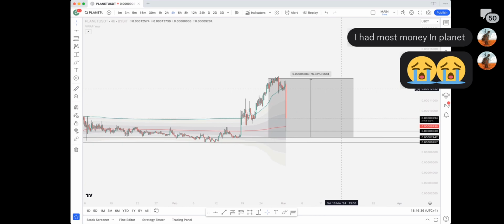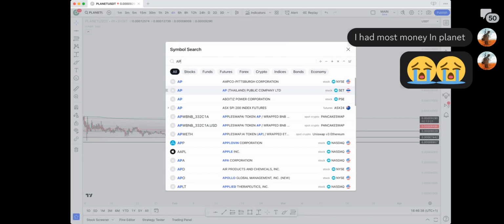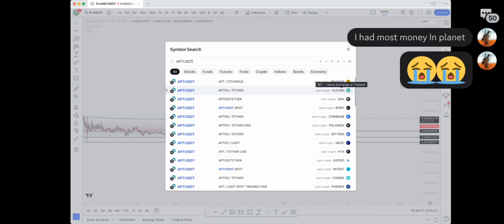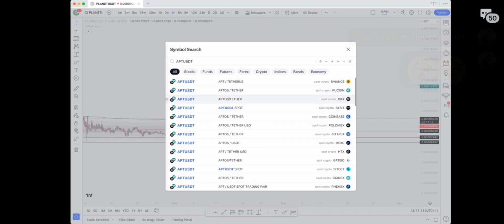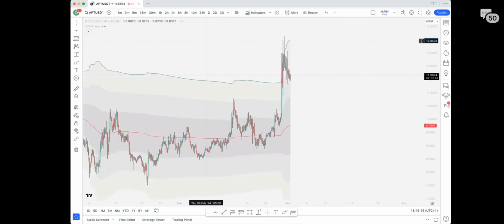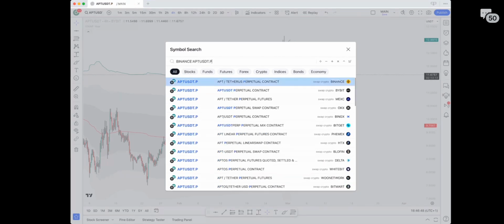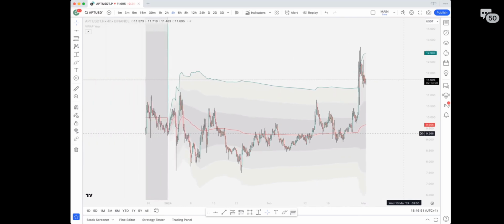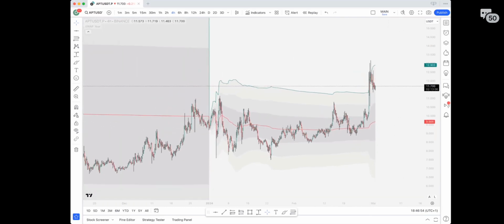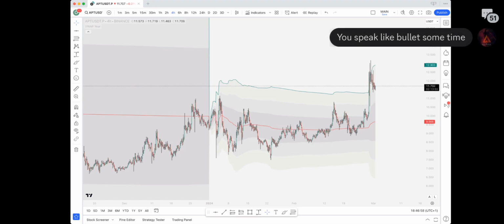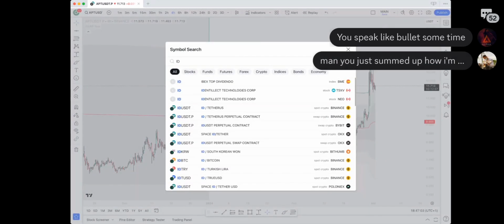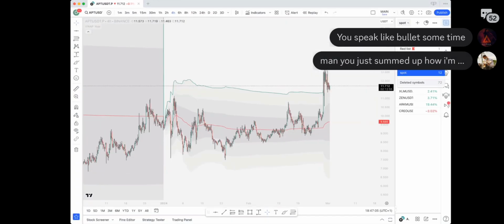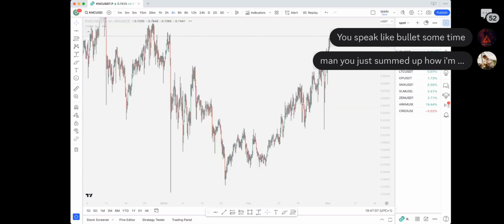Out of curiosity, just on VWAP, would you short scalp APT? I'll take a look. Something that's important to know with VWAP as well, which I forgot to cover, is whenever you have a huge fundamental change, let's just take ID as an example.